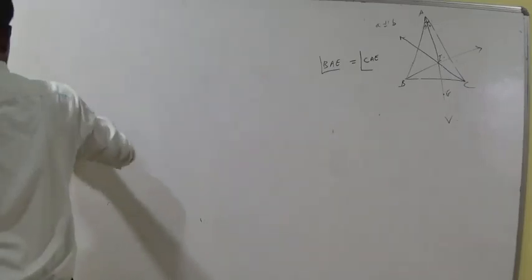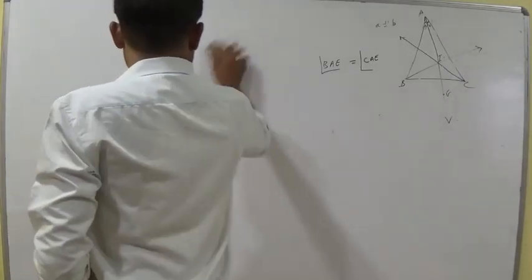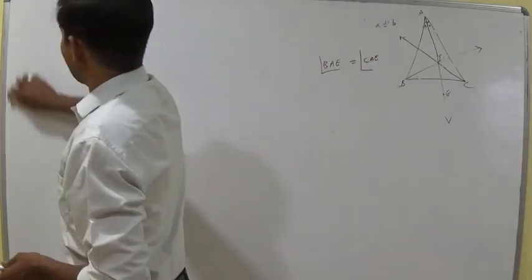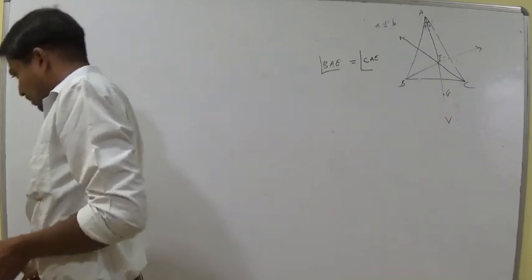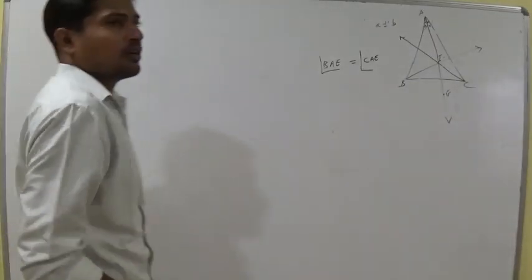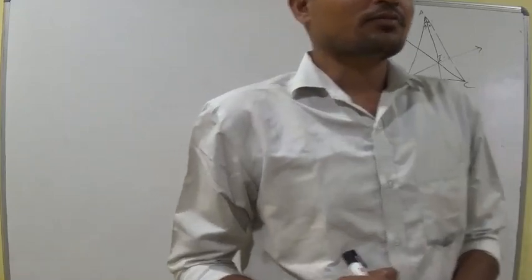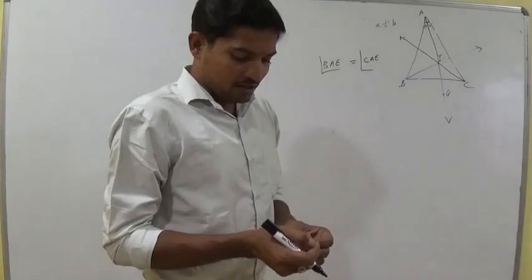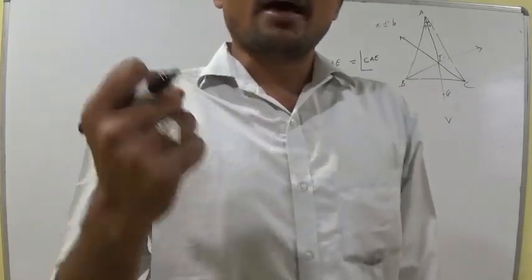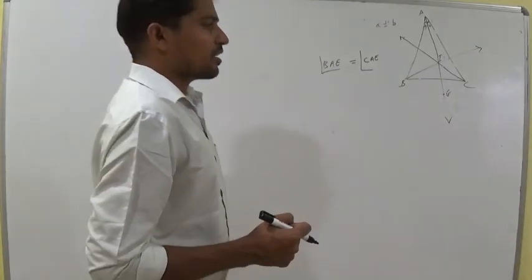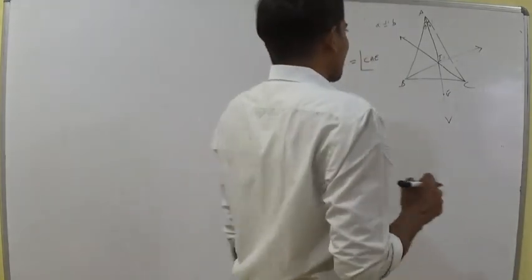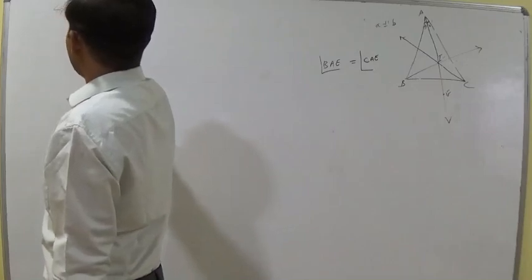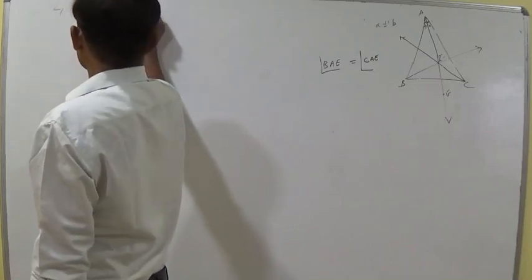Now next, we have a formula for pair of lines. The equation of the pair of lines, I mean to say intersecting lines. The pair of lines are intersecting. Let us suppose that L1 is equal to 0 and L2 equal to 0.